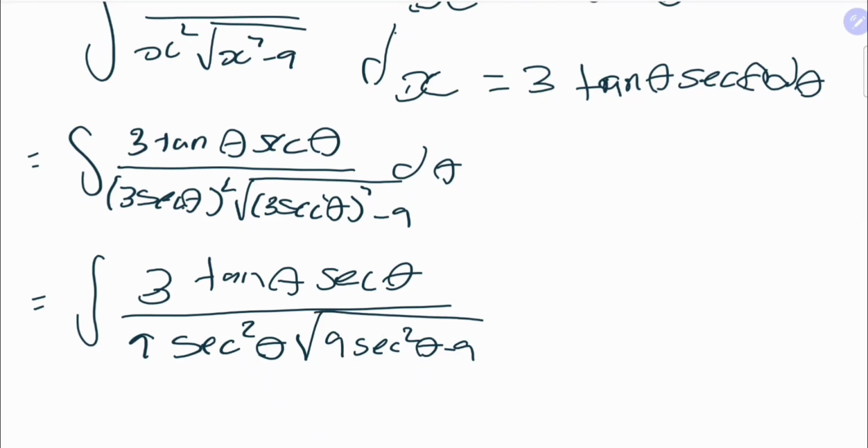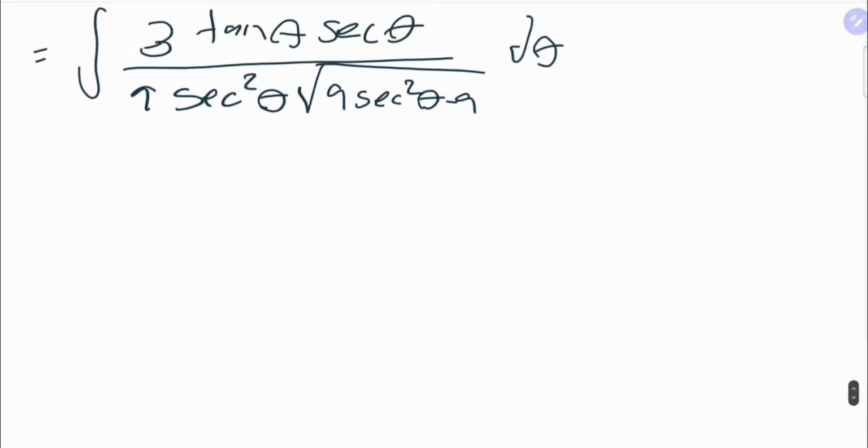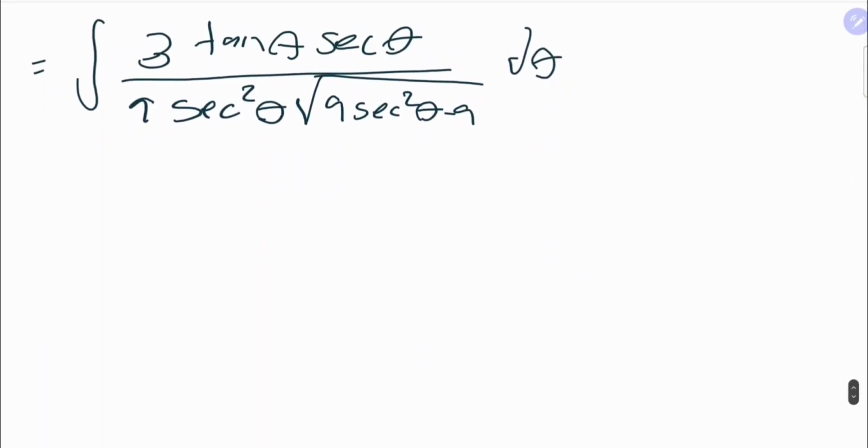If you remember from earlier in the video, we can factor out the 9 in 9 secant squared theta minus 9. Also, if you're confused why we're using trig sub, it's because some of these square root integrals are impossible or almost impossible any other way.